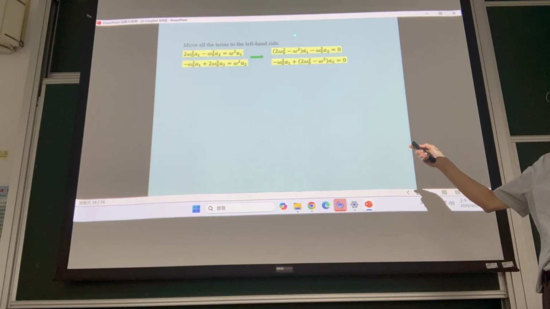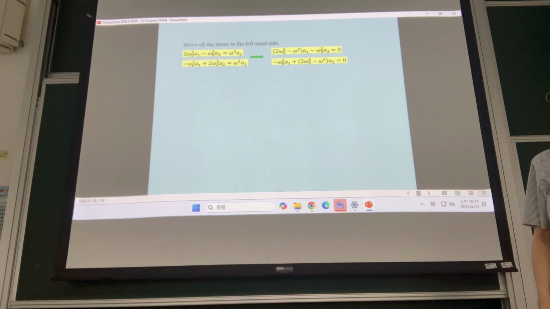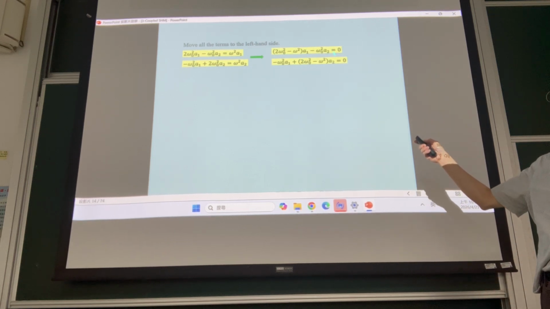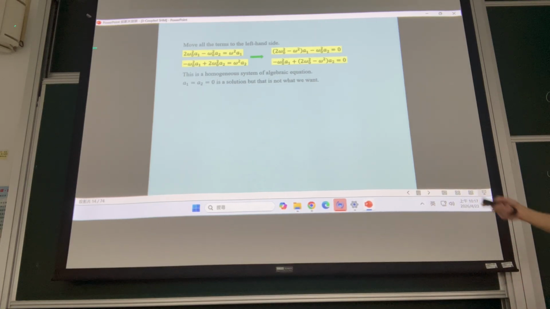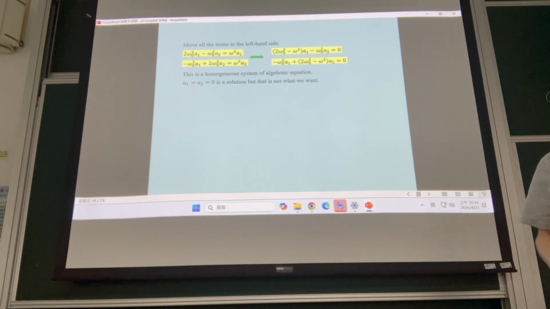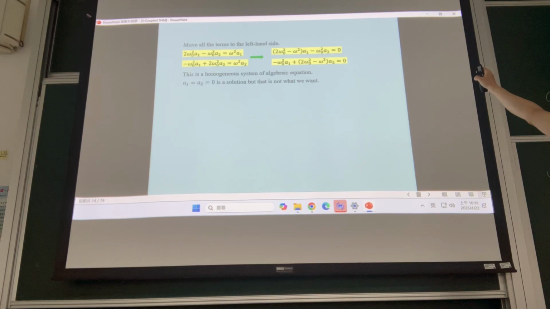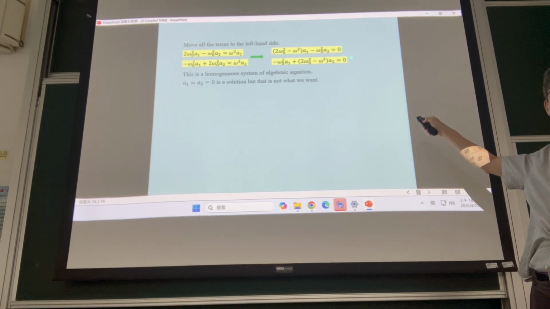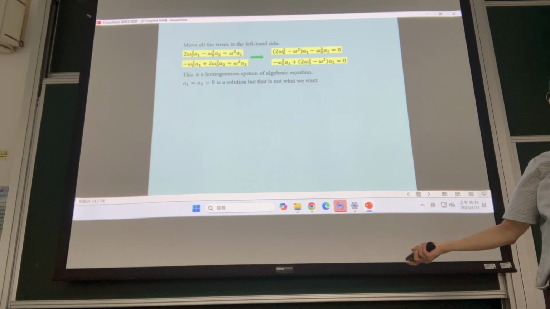Omega is also unknown, but let's pretend that we know what omega is. So these are equations for two unknowns, A1 and A2. Oh, so this is actually a system of algebraic equations in a homogeneous form. Homogeneous means there's nothing on the right-hand side, right? Okay, so of course, you know one solution: A1, A2 equal to 0.